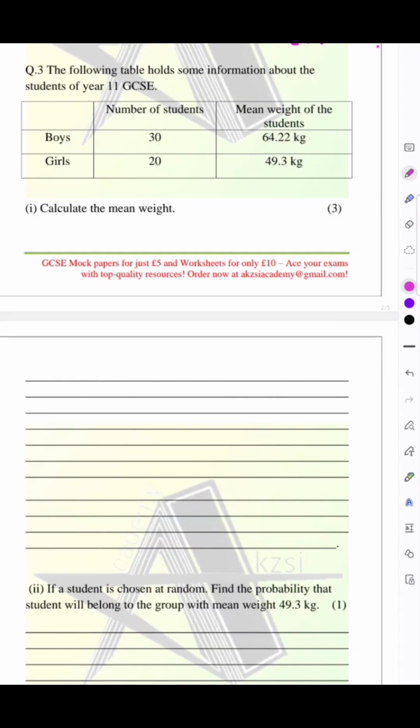So the formula to calculate the mean, we know, is the sum of the data over the number of data. So the sum of data means the sum of the weights of all students.